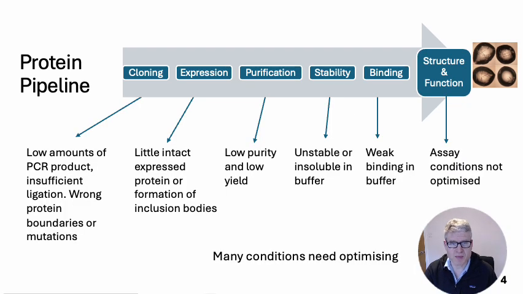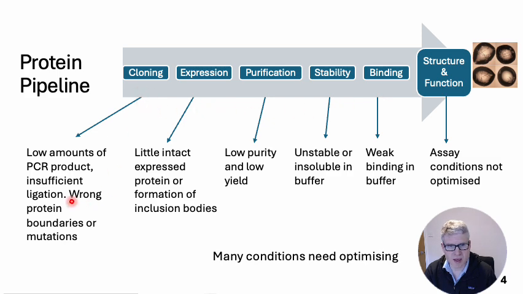So the protein production and characterization pipeline has lots of steps, and at each step there are places where things can reduce yield. We're ultimately trying to make enough protein to be able to understand structure and function. In this case, we want to look at some crystals and structures of some of these interesting domains.